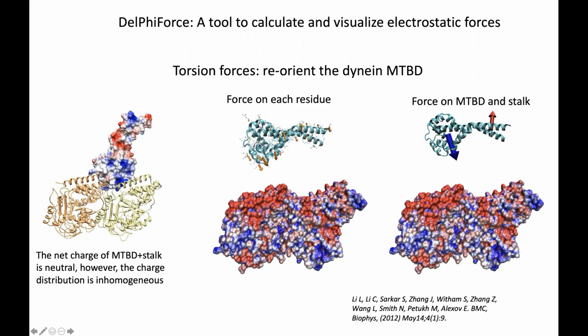That means when the binding domain of dynein is close to the microtubule or tubulin, if the orientation is wrong, then the forces will rotate it back to the correct binding orientation. So that means the torsion force will reorient the dynein binding domain.